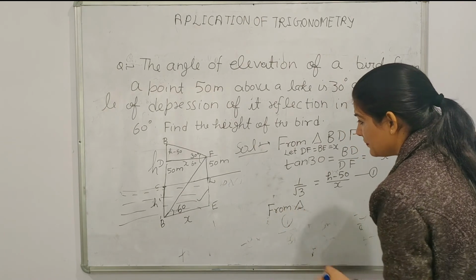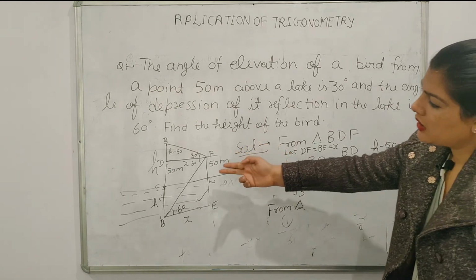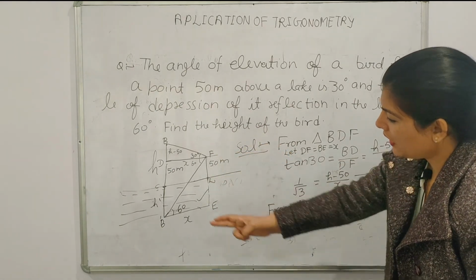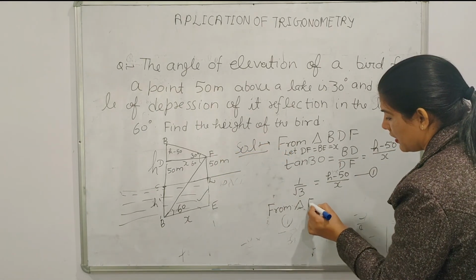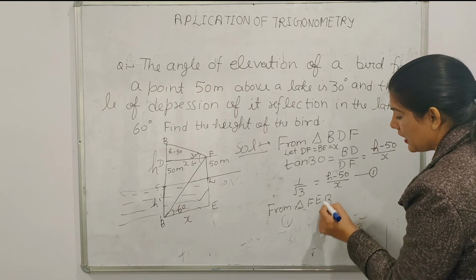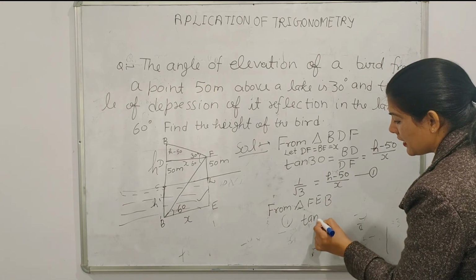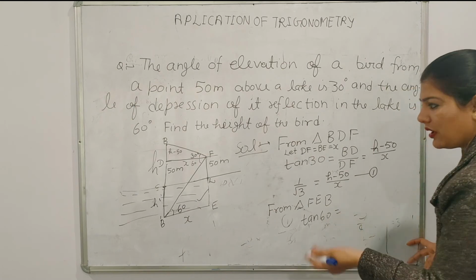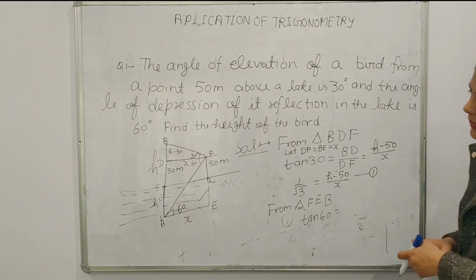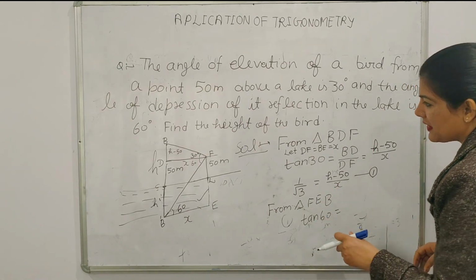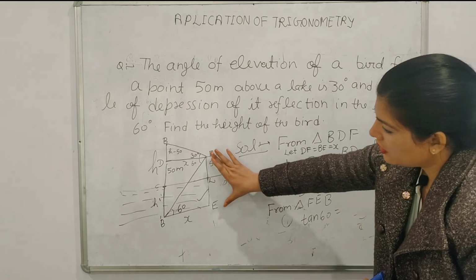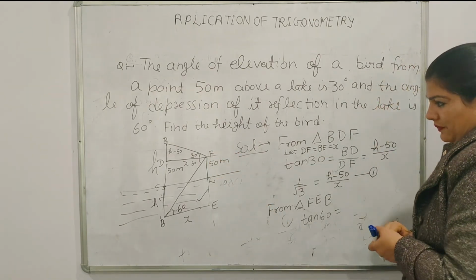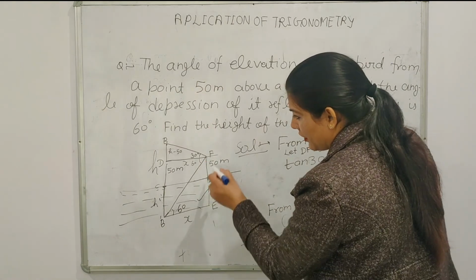Now from triangle FEB, tan 60 is equal to, again, perpendicular upon base. Base is X, and look at the total height carefully.